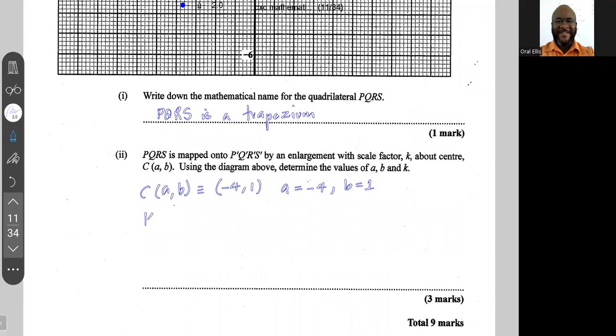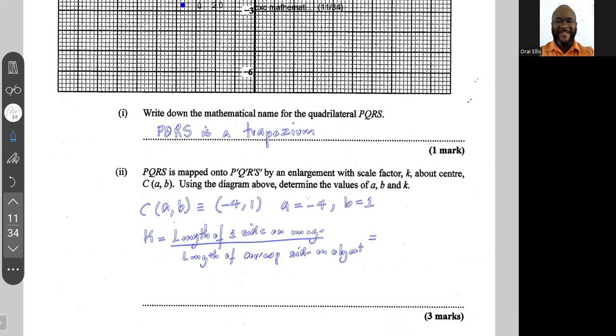K is the scale factor, and K is equal to the length of one side on the image divided by the length of a corresponding side on the object.